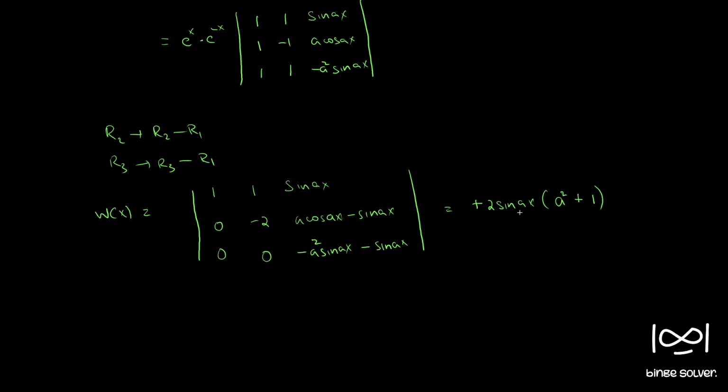So we can see that the Wronskian is not equal to 0 for many x. Only in certain conditions, for certain values of x, the Wronskian becomes 0.